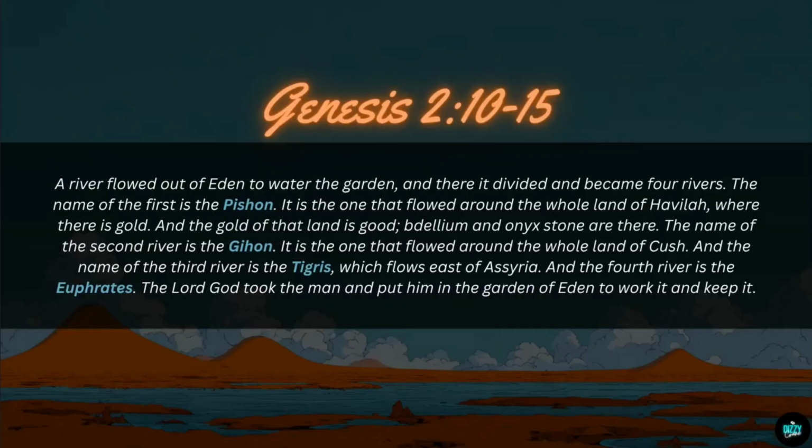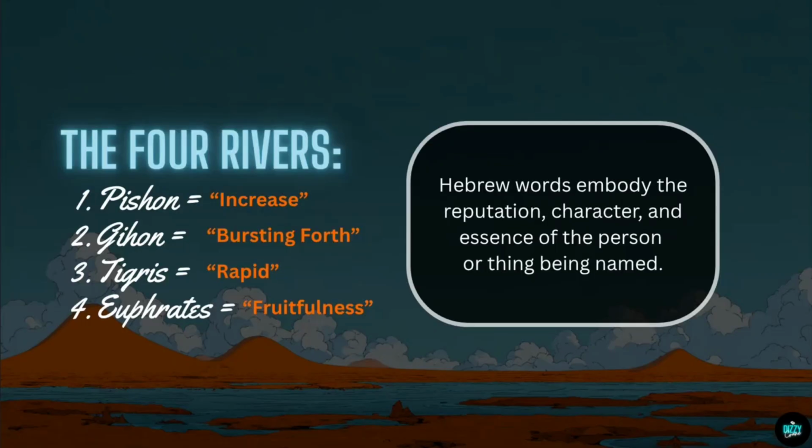these 4 rivers. So whenever you do a word study in the Bible, you'll notice that the Hebrew translation of certain words embody the reputation, the characteristics, and the essence of that person or place or thing that you're doing your study on. So if you study the 4 rivers, you'll find the meaning or the essence of the 4 rivers.